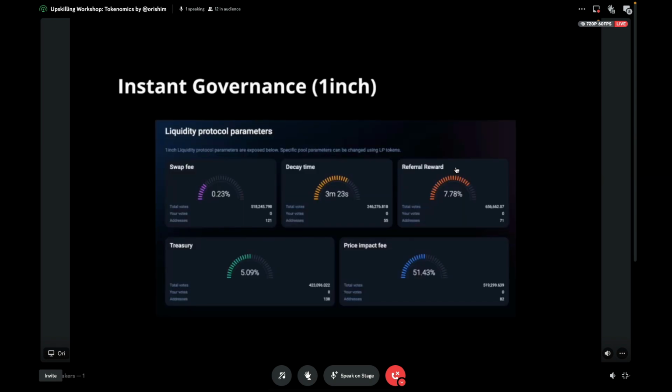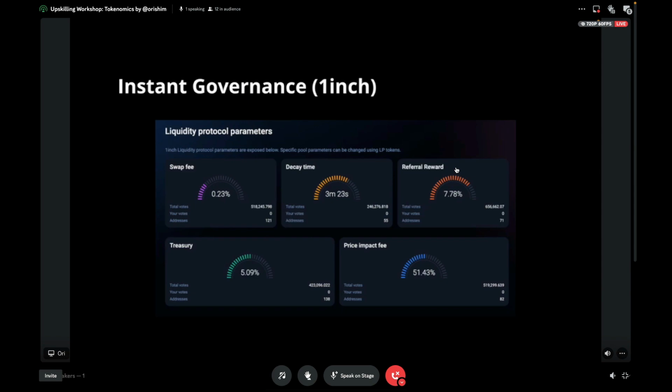I think this is the last example I have. This is purely on the governance side. So this is in 1inch, a cool governance mechanism called instant governance, where instead of voting yes, no on changes to certain values of the protocol, like the decay time on the governance or the referral reward of people referring their friends to 1inch and getting a rev share, or the fee on swapping.